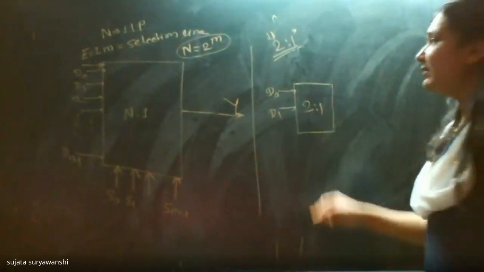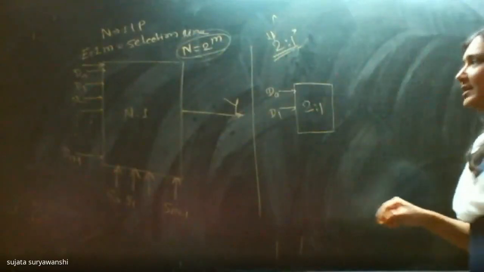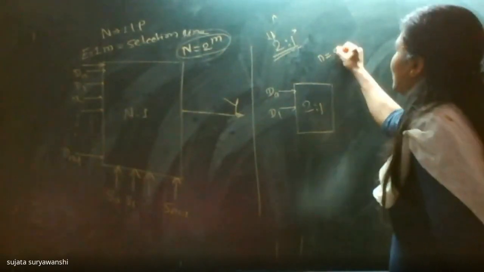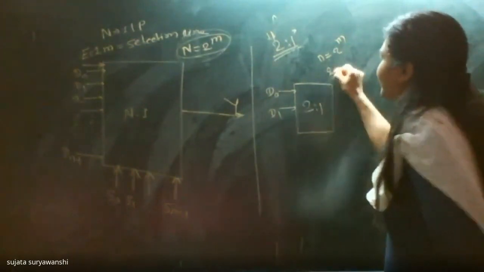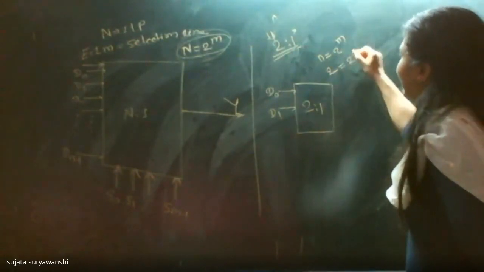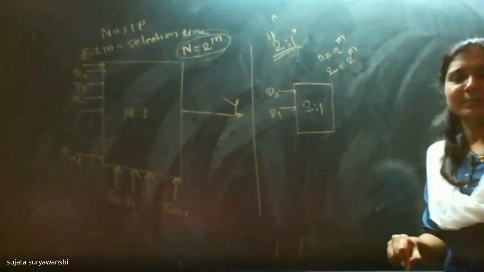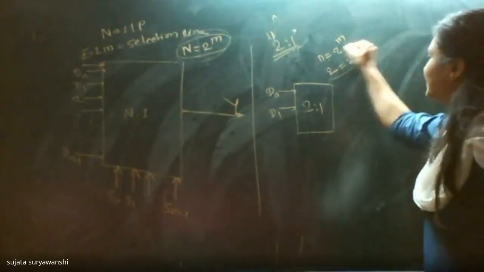And the relationship between number of select lines and the inputs is n is equal to 2 raised to m, where n is equal to 2. Then what is the value of m? Can you tell me? What will be the value of m as per this relationship?